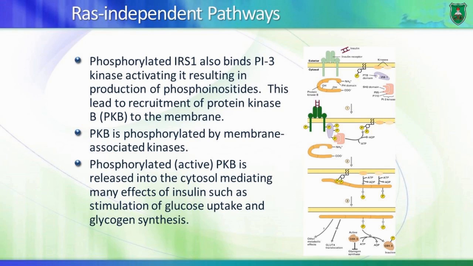Now you have these phosphoinositides on the plasma membrane. So you have recruitment of protein kinase B to the plasma membrane. They interact with the inositides on the cell surface, and it changes the conformation of the receptor. And once it's activated, then it can phosphorylate many proteins like glycogen synthase kinase, activating glucose uptake as well as glycogen synthesis. Okay?